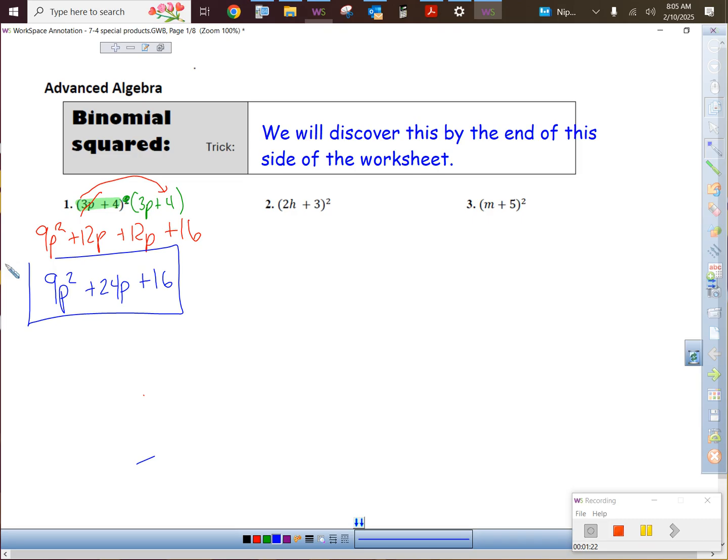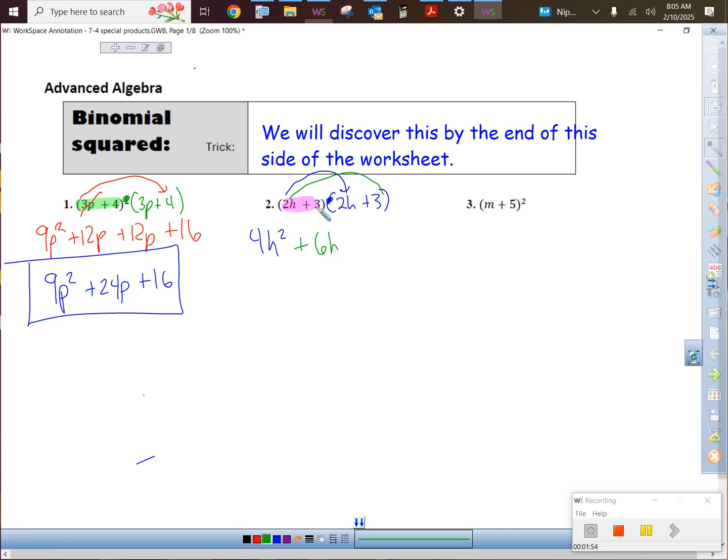Let's do that again. We got ourselves a binomial. It is being squared, so the long way is to rewrite it to where we're going to take it times itself. Then we'll distribute. What's these first guys turn out to be when you multiply them together? What's 2h times 2h? 4h squared. Then we got to multiply, so get that 6h.